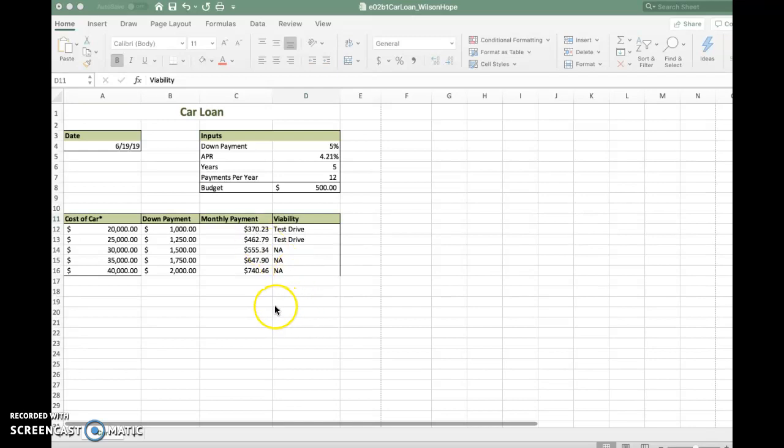During the exercises, we practiced each of those specific functions. So for viability, this was an if this then that function.